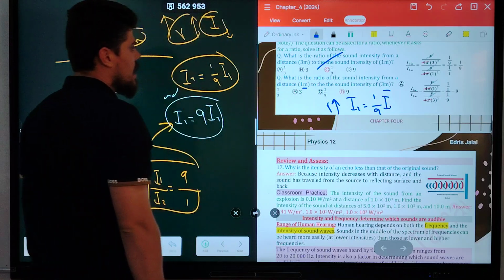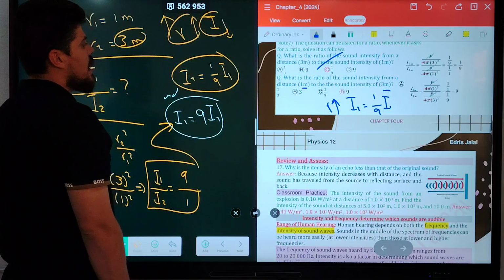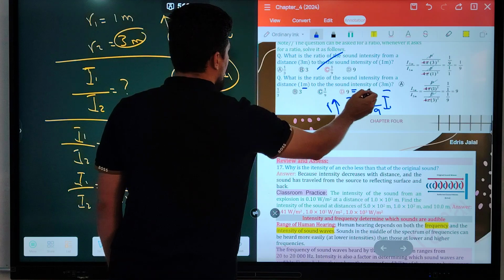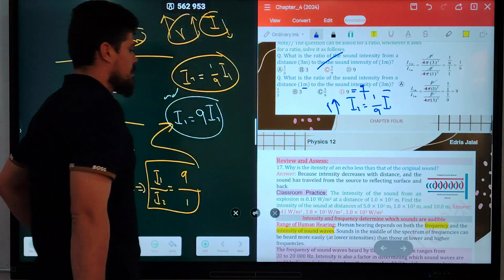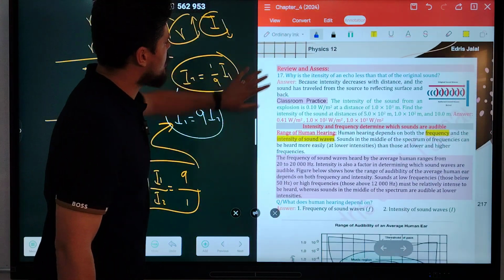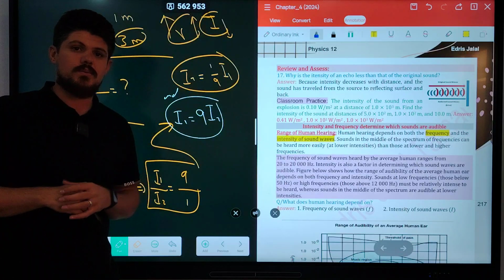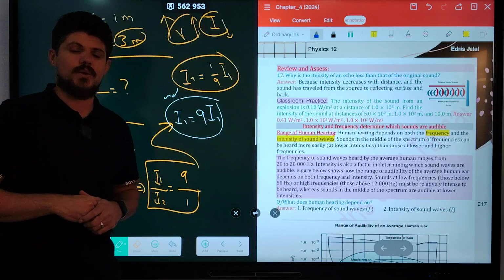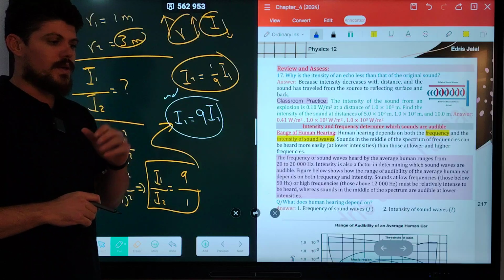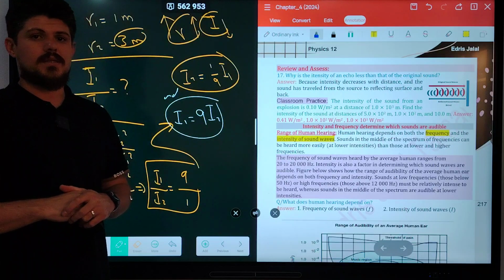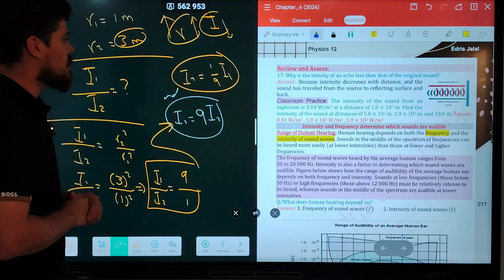But I1 over I2 is going to be 9 over 1, or 9. So this relation is very important between the intensity and the distance from the source, which is inversely related with the square of the distance. When distance gets more, the intensity or loudness of the sound gets less because they are inversely related.